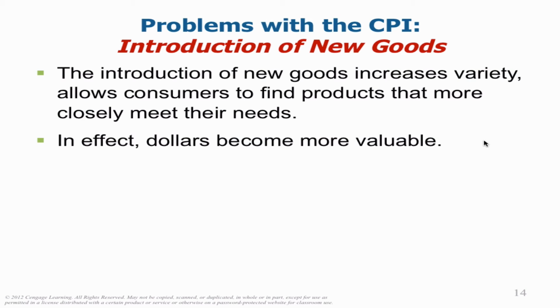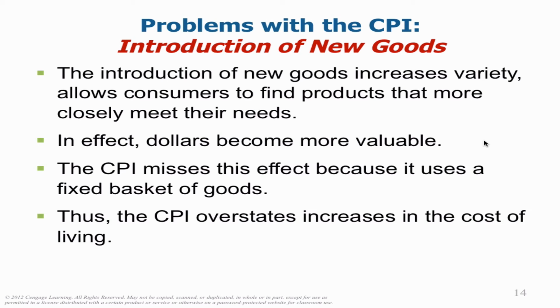But they are assuming that CPI is overstating in this instance, because your more effective use of the dollars to meet your needs by buying your Greek yogurt or your probiotic yogurt makes that dollar more valuable to you, because you're getting more value out of the good which serves you better. Does that make sense?